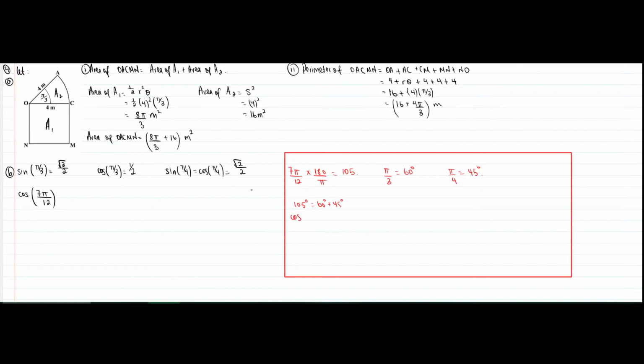So cosine of 7 pi over 12, which is 105 degrees, is cosine of 60 degrees plus 45 degrees. So I break up my angle to use my compound angle formula. So this is equal to cosine of pi on 3 plus pi on 4.